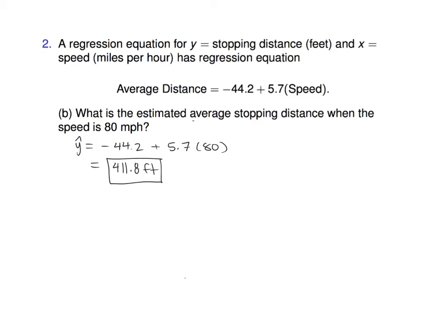And notice that they use the word average here because this is the stopping distance of an average vehicle of this type. I didn't specify what kind of vehicle it was, but it could be, say, a car. And not all cars will have the exact same stopping distance. So this is just the average. If you're going 80 miles per hour, you need that many feet to stop on average, sometimes more, sometimes less.